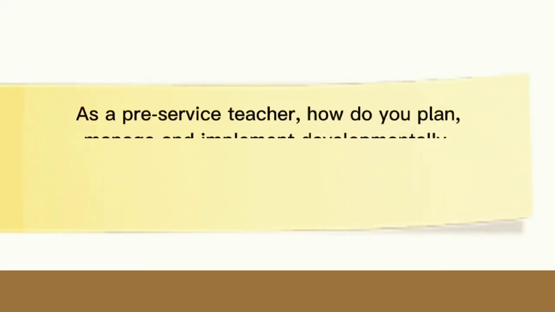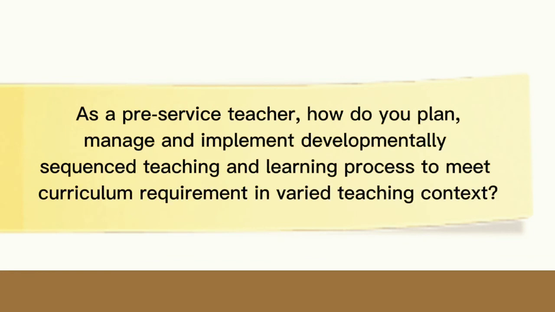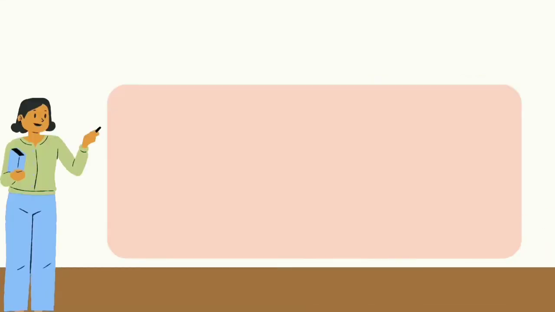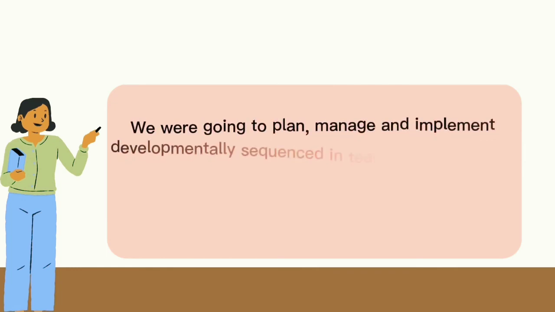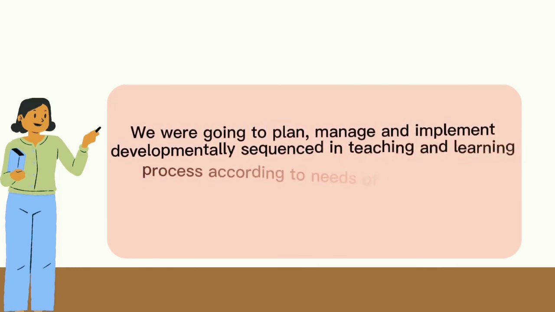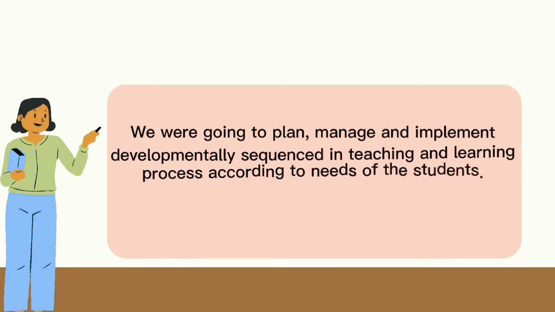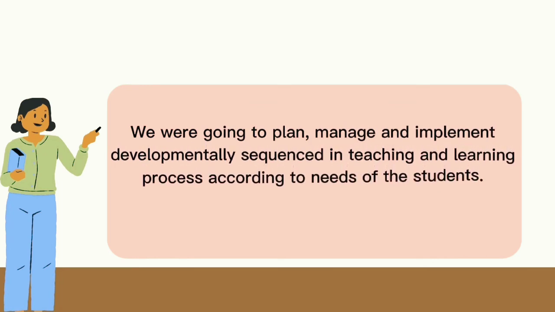Reflection. As a pre-service teacher, how do you plan, manage, and implement a developmentally sequenced teaching and learning process to meet curriculum requirements in varied teaching contexts? As a pre-service teacher in the near future, we are going to plan, manage, and implement a developmental sequence in the teaching and learning process according to the needs of the students.